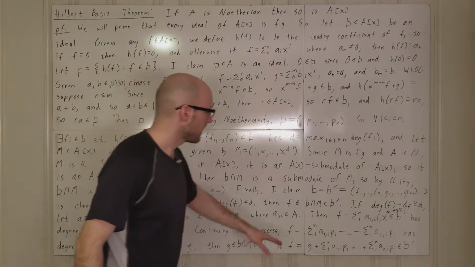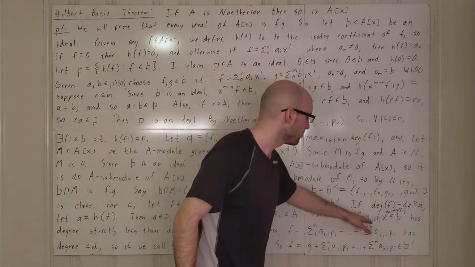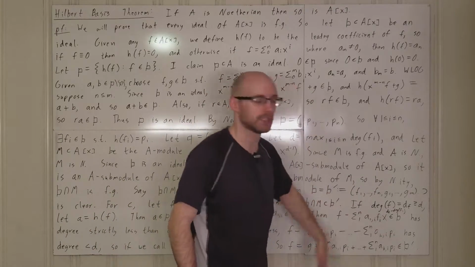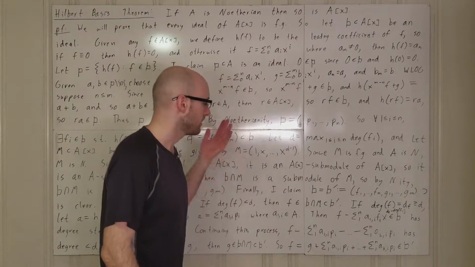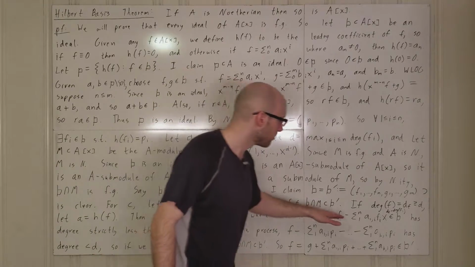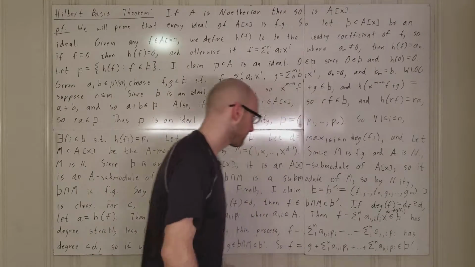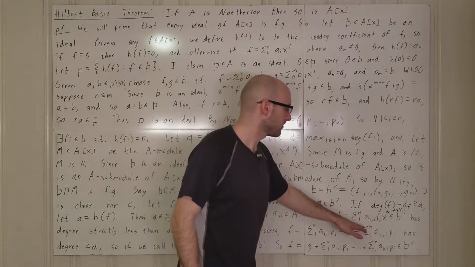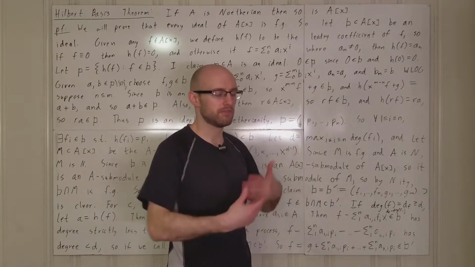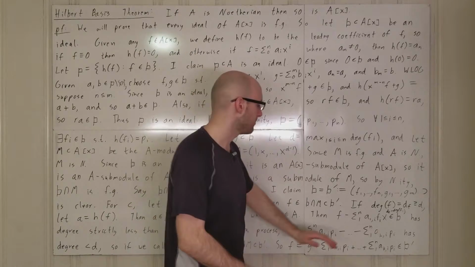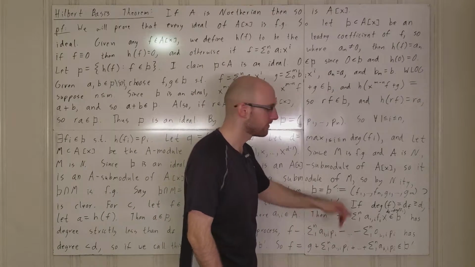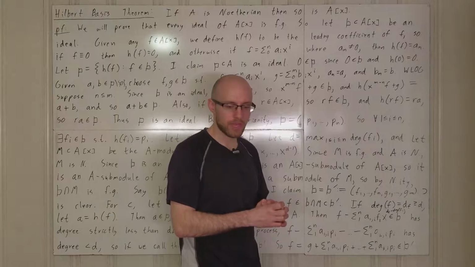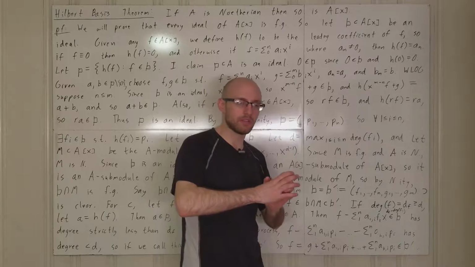Also note that f is in B and each of the fi's is in B, and B is an ideal, so multiplying by this thing and taking finite sums keeps you in B. So therefore this entire thing is in B. Okay, so we've done some strange looking manipulation to our polynomial f so that we stay in B but manage to lower the degree.